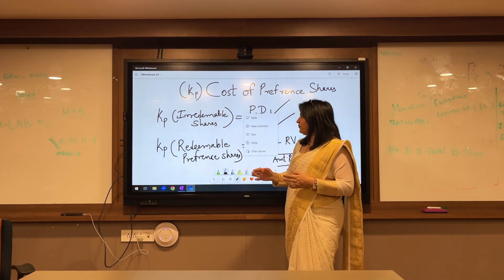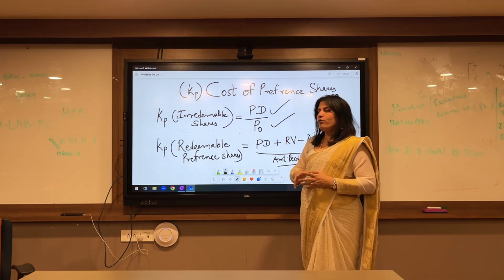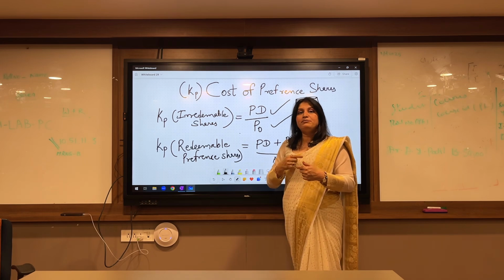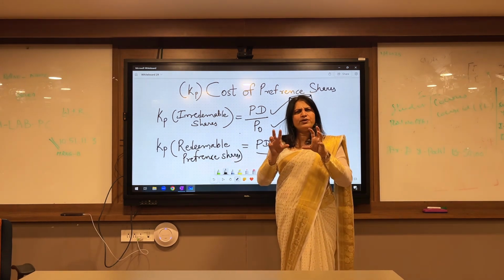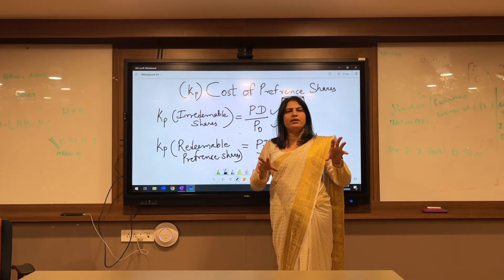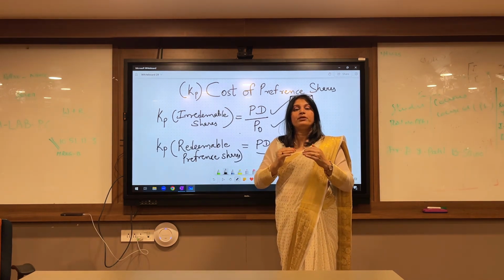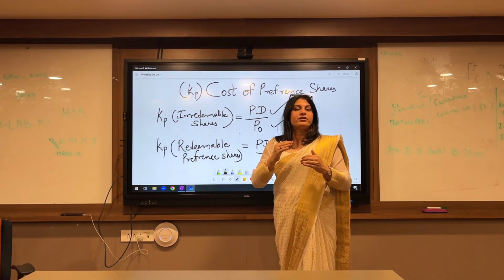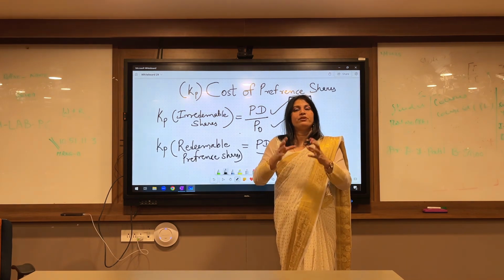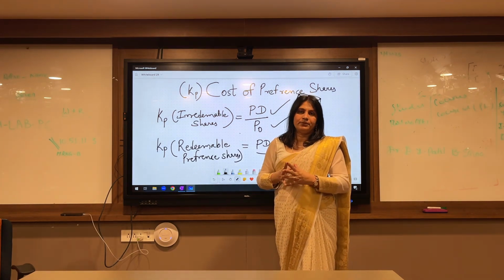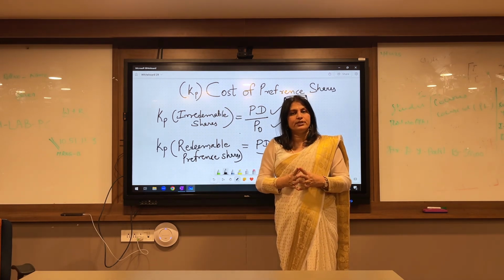Coming to the next formula, that is cost of preference shares which are redeemable in nature. How do we discriminate between redeemable and irredeemable? Irredeemable means which is not to be returned after a stipulated period of time. The fund remains with the company for a long time till the existence of the company.